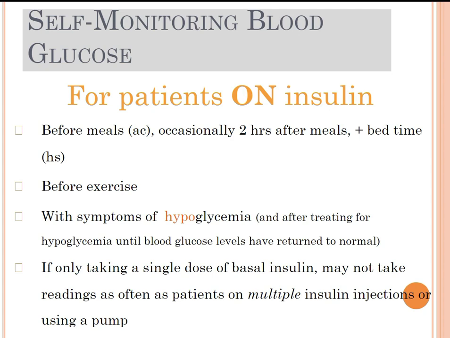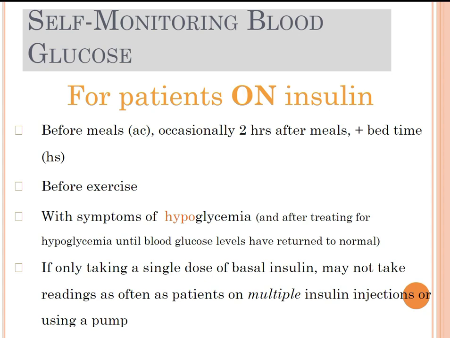They will also be taking their blood glucose levels before they exercise, because our blood sugar can drop when we exercise because our muscles are eating up all of that glucose. The individual will also be taking their blood glucose level if they're having any symptoms of hypoglycemia at any time.